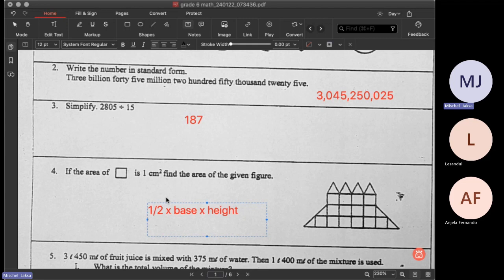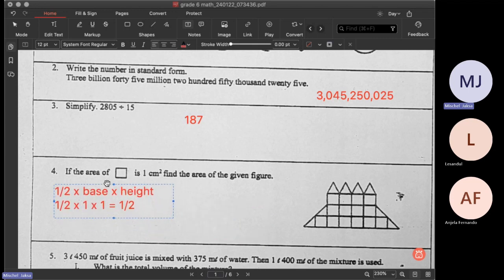So I know the base is equal to 1 centimeter and approximately the height is also equal to 1 centimeter. That means half multiplied by 1 centimeter multiplied by 1 centimeter. So the answer we get is half, 1 over 2. So half square centimeter is equal to the area of the triangle.